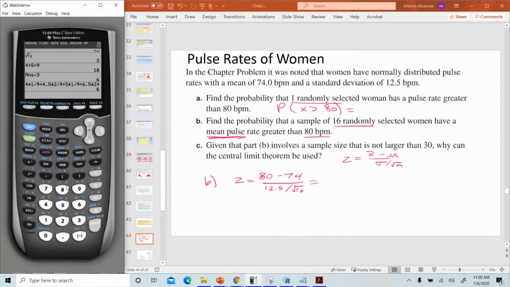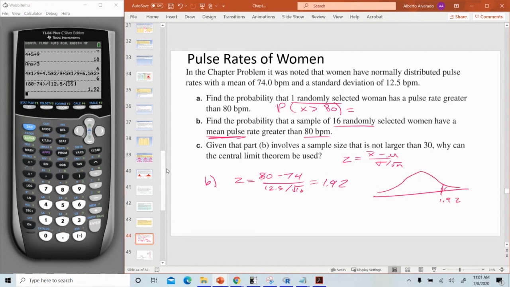So we'll do 80 minus 74, divided by, I put my parentheses, 12.5 over the square root of 16, close my parentheses, and I get 1.92. So 1.92 is my z-score of interest. I have to find the probability of 1.92 and beyond, which is just normal CDF.